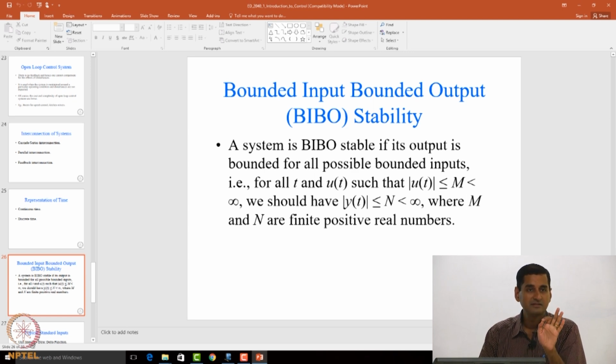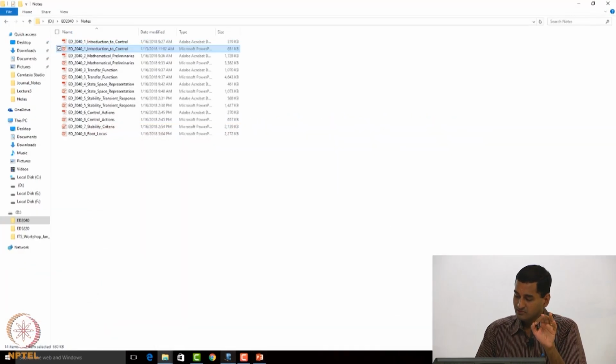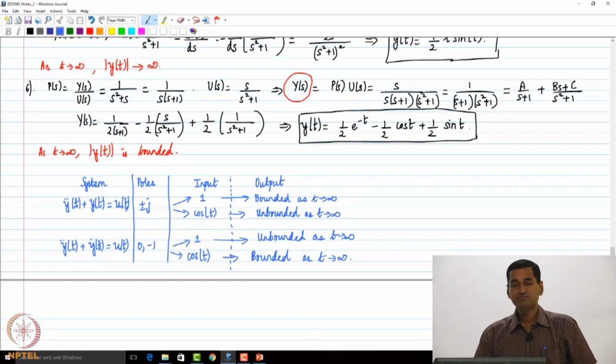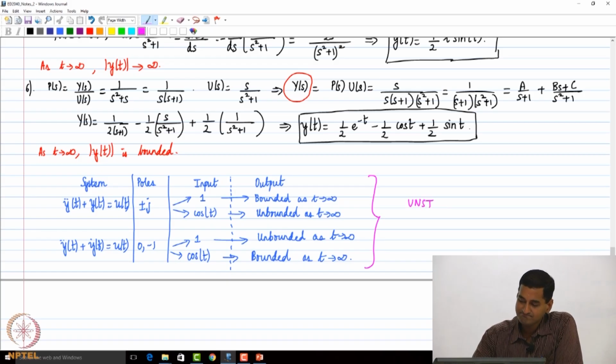That is the definition of BIBO stability. Now, if we apply the definition of BIBO stability to these two examples, we should brand them as unstable, isn't it?